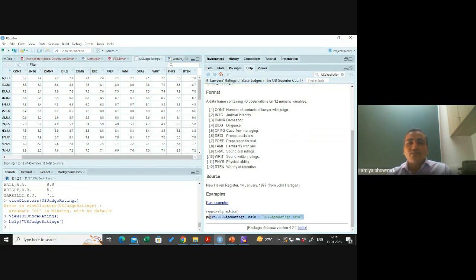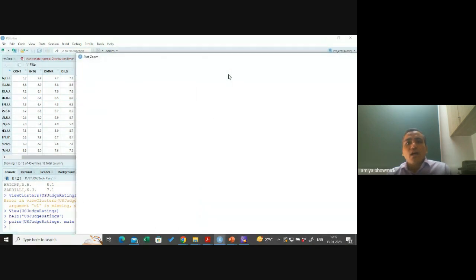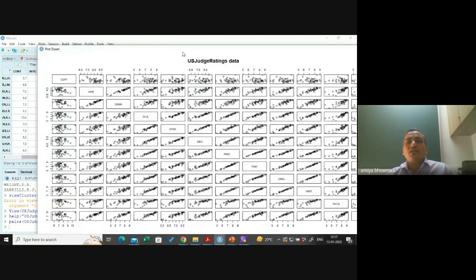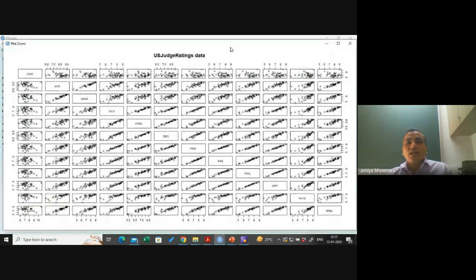See that the pairs function is very common here. The first thing in any exploratory analysis is to start with pairs. The other pairs plot you have seen, the one for the hemangioma data, is much different here. Can anybody tell me the main difference between these two?